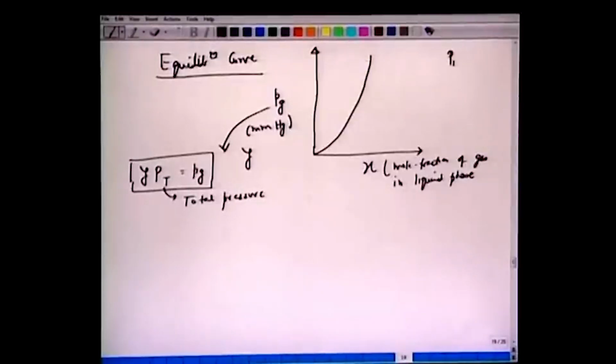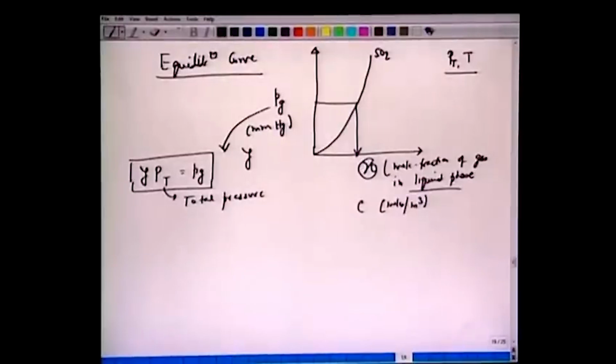So, either you could plot y versus x or Pg versus x, and essentially you have some curve like this. Given total pressure Pt and temperature, let us say we have a curve for sulfur dioxide. All it means, given so much of partial pressure in sulfur dioxide in air, how much will be mole fraction x in the liquid phase. One can also, instead of x, one can also write in terms of C, moles per cubic meter of the liquid phase.